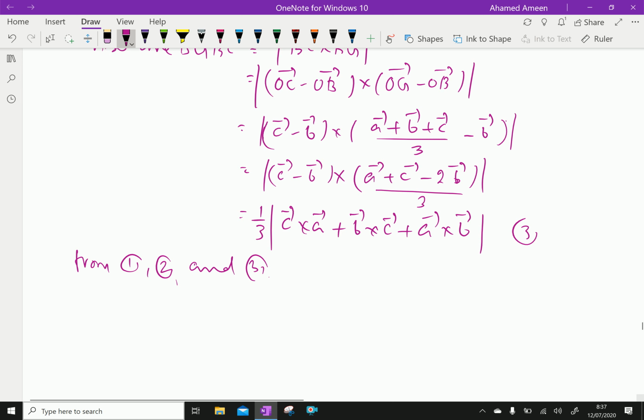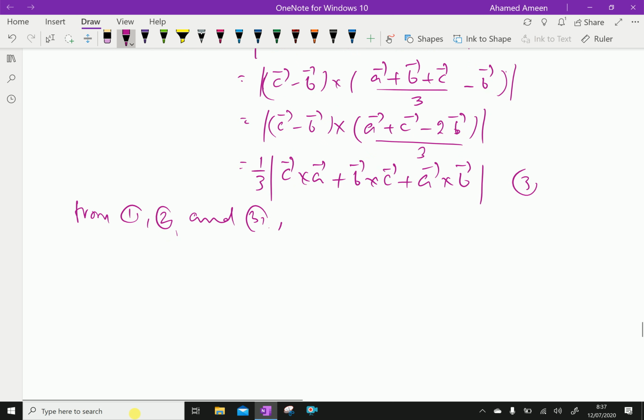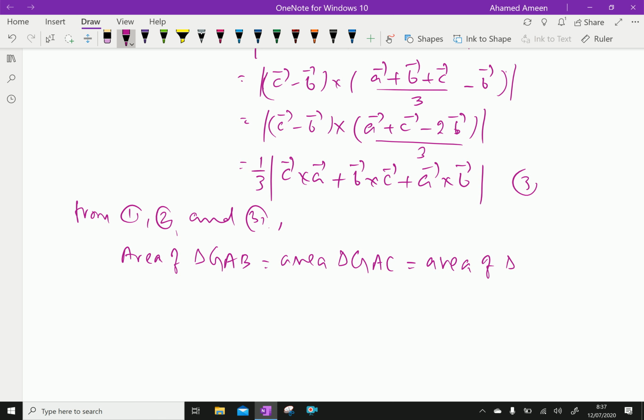So from this we can write area of triangle GAB is equal to area of triangle GAC equal to area of triangle GBC. That is equal to 1/3 (in order we will write) vector A cross B plus vector B cross vector C plus vector C cross vector A.